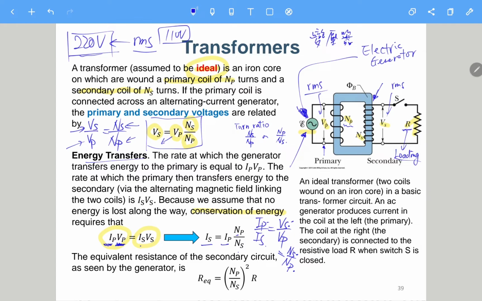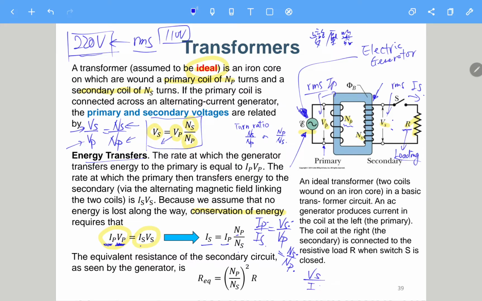Finally, we still have another condition, which is Vs over Is. We have Is, we have Ip, and we still have Vs over Is to work out.